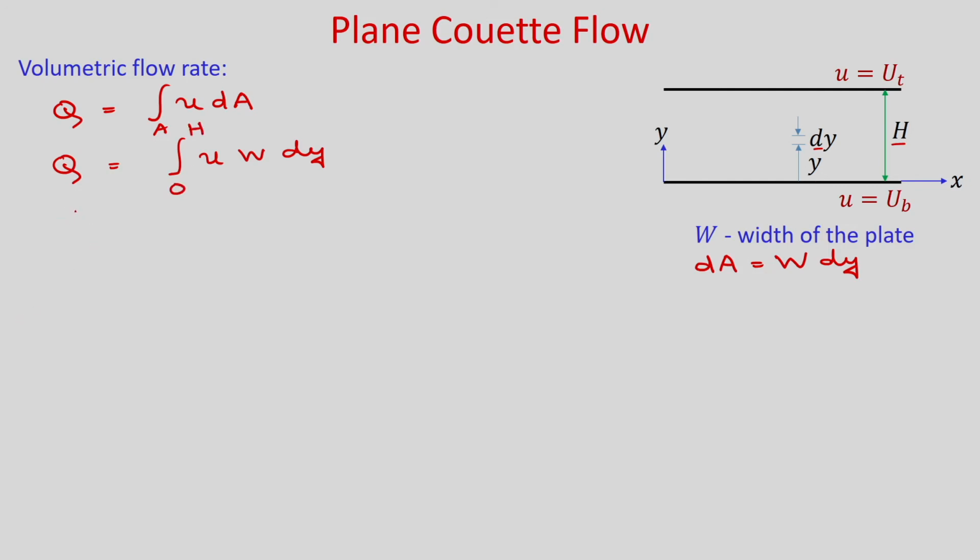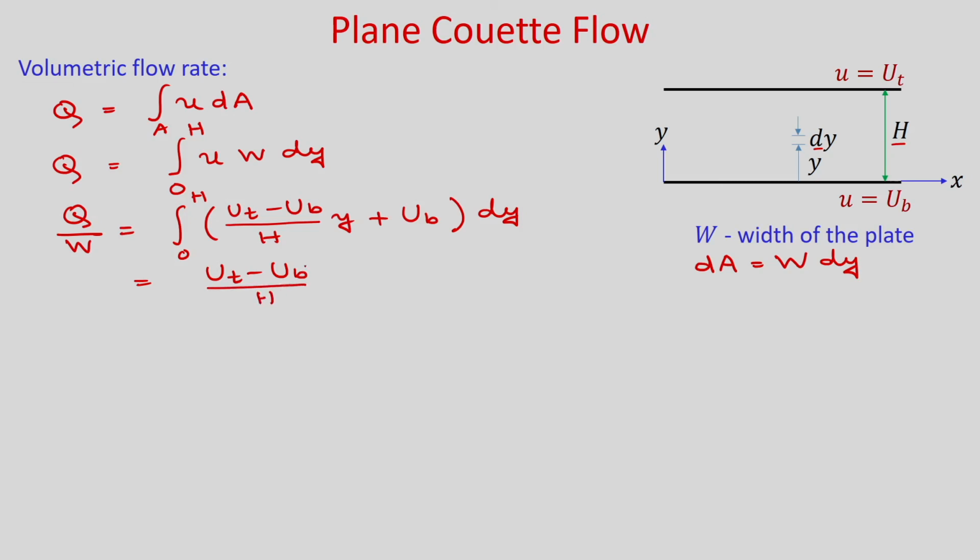Let us calculate the volumetric flow rate per unit width, that means Q by W. It will be just the integral from 0 to h of u t minus u b divided by h times y plus u b, dy. So, this will be u t minus u b divided by h, and the integral of y dy is y square by 2, so you will get h square by 2, plus u b y, which gives u b h.